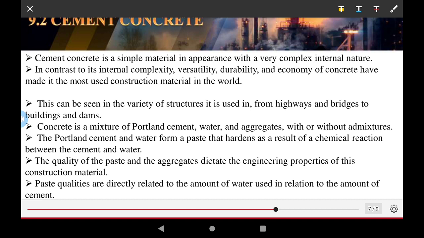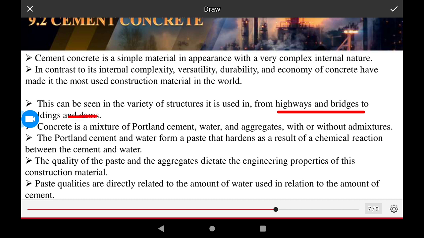It is used in the environment and in highway applications. This can be seen in a variety of structures, from highways and bridges to buildings and dams.